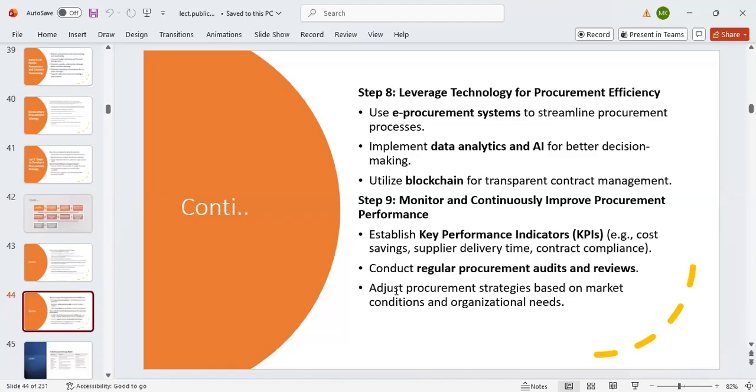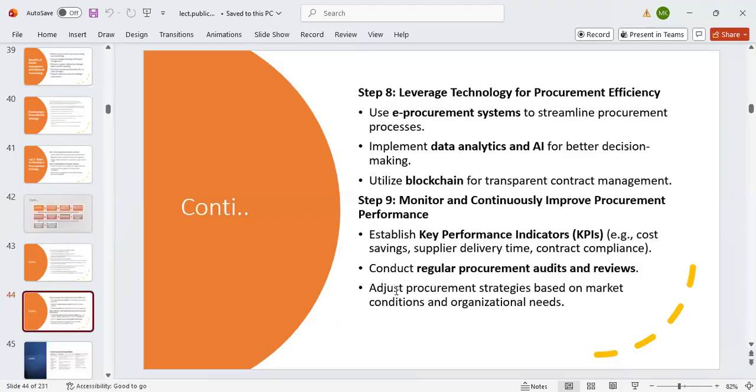And then the 9th step: monitor and continuously improve your performance. This is where you establish key performance indicators, such as cost saving, supplier delivery time, and contract compliance, so that you can improve along the way. Conduct regular procurement audits and reviews, very, very important.